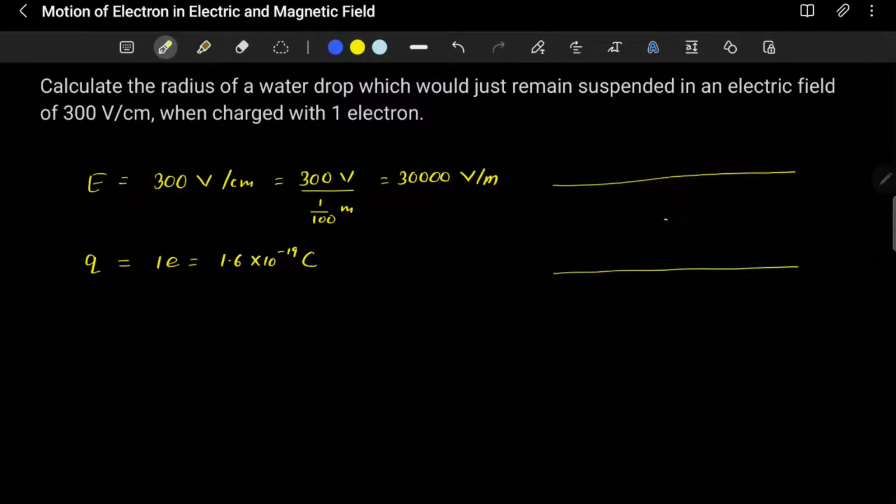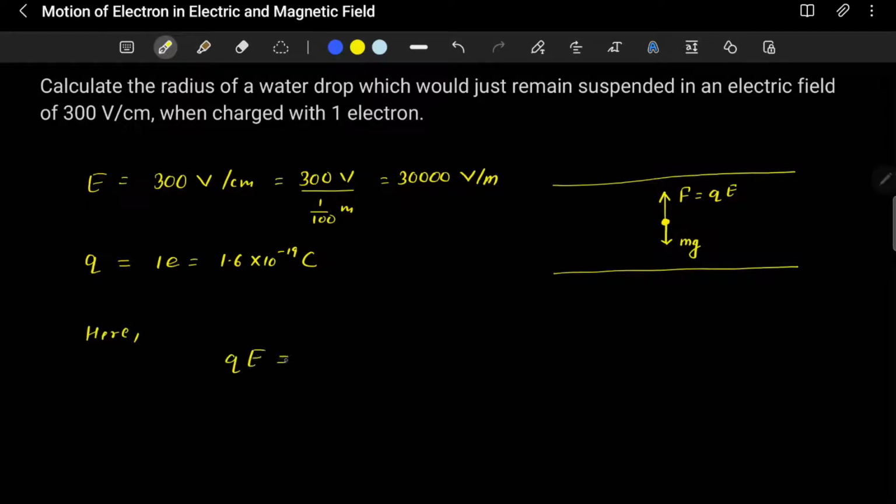Now when a charged particle is in the electric field, the force due to the electric field is upward, given by qE, and the weight of the water drop is downward, mg. Since the question says that the water drop remains suspended, the upward force and the downward force will be equal.